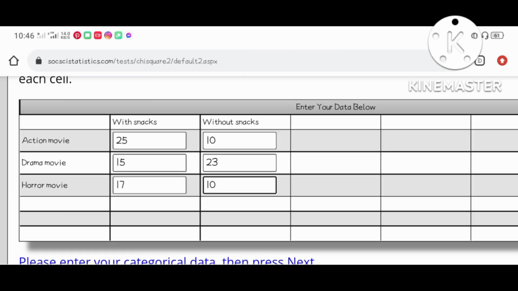As we can see, we have two categories: the ones who buy snacks and the ones who don't buy snacks.